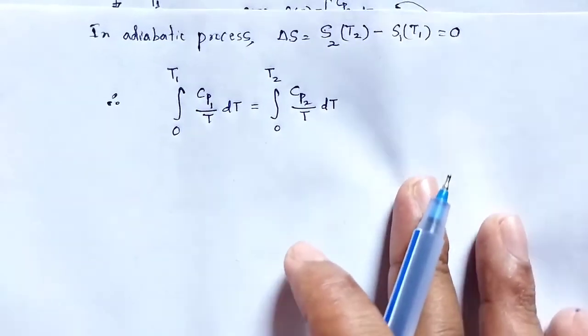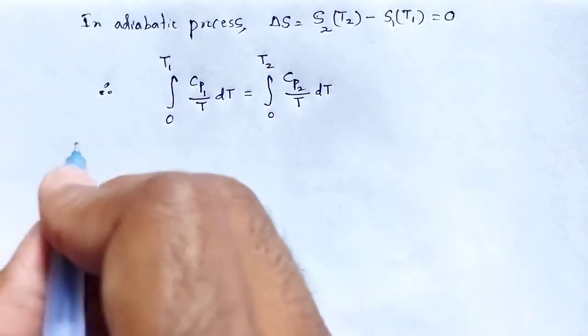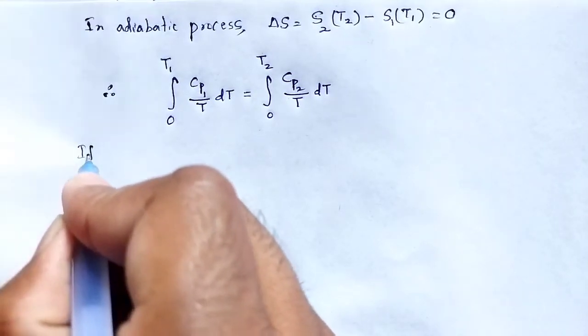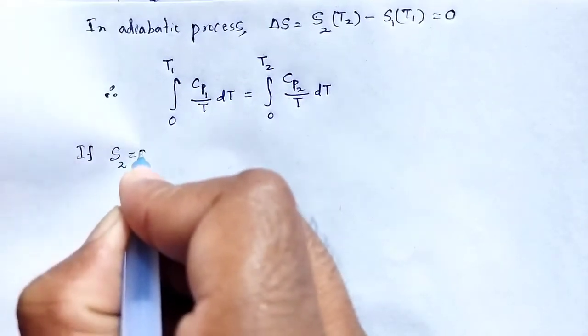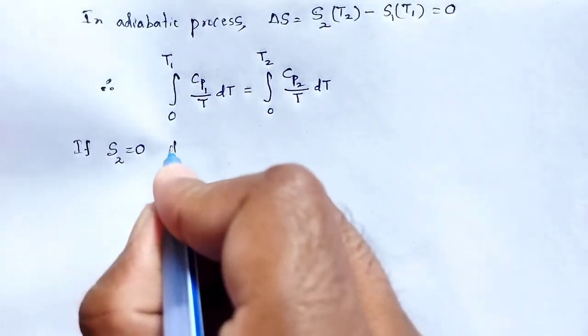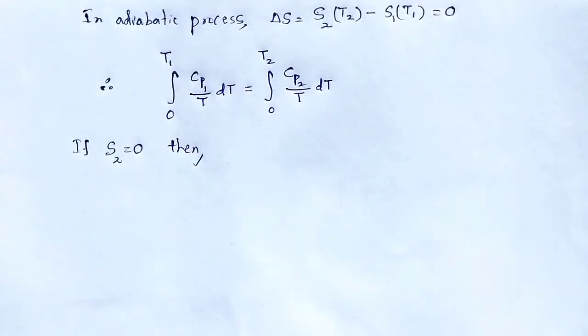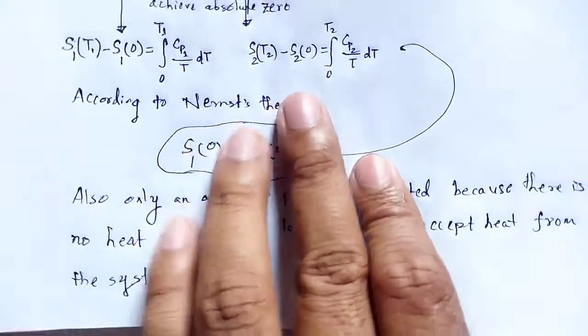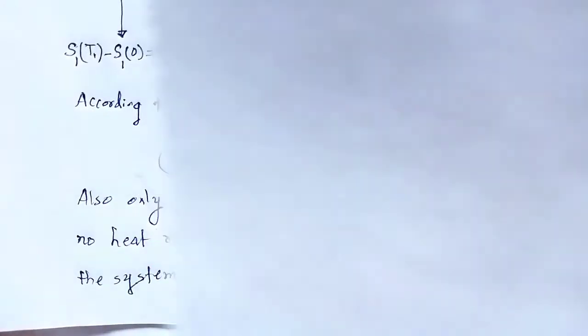Here, if S2 is equal to 0, the entropy of state 2 is 0, then what happens? That particular integral will be 0.